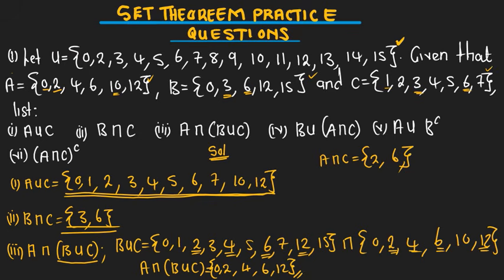Then they say, this A intersection C, unite it with set B. So we unite it with set B. So it's going to become 0, 2, 4, 6, 10, 12. Right?